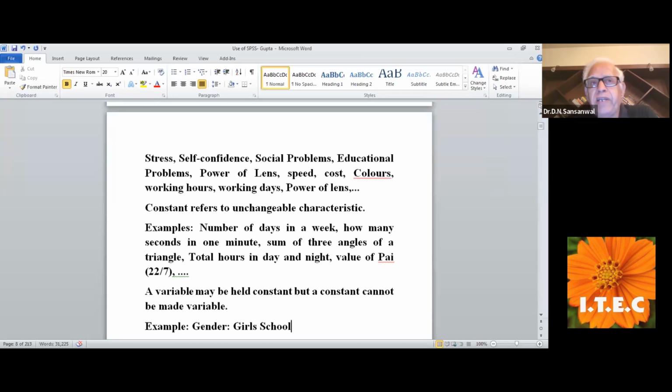Now at present, my medium of teaching is English, but medium of instruction can be Hindi, can be English, can be Gujarati, can be Marathi, can be Tamil, can be anything. So medium of instruction is a variable, but if you teach only in English, then it is being held constant.